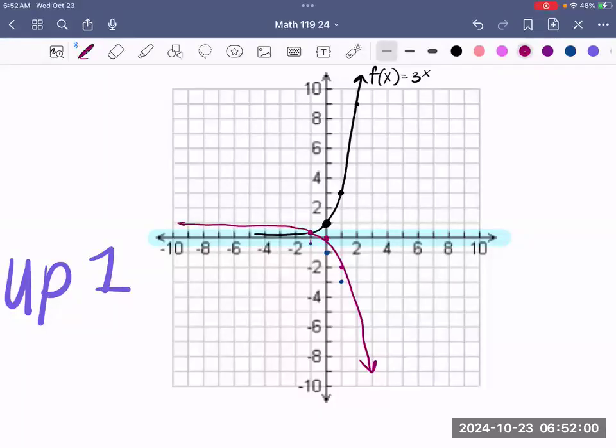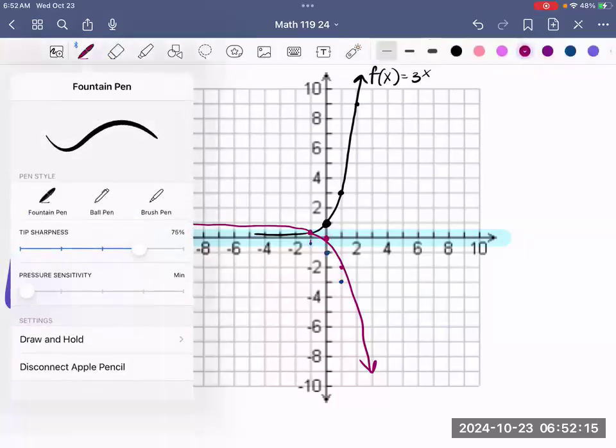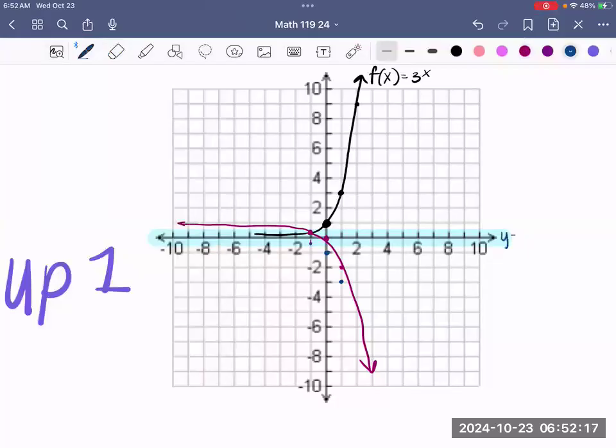Now we've shifted all of these points up by 1, but we need to work on your horizontal asymptote. Your horizontal asymptote originally was at y is equal to 0, but when you shift your graph up by 1, notice where this graph is going to start flattening out. Well, that is where our horizontal asymptote is going to lie.